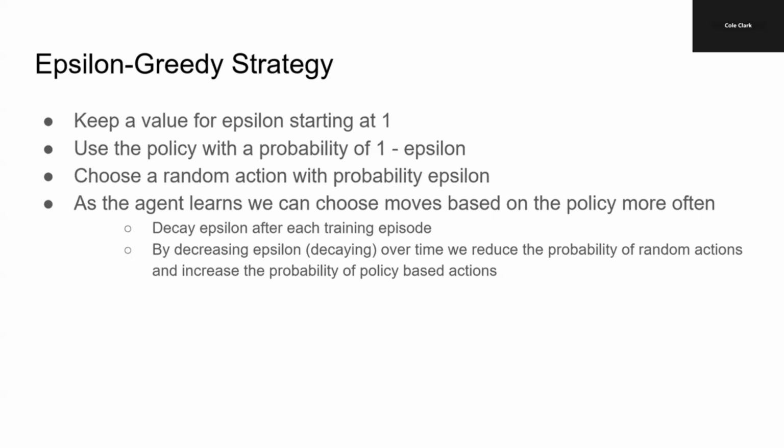As the agent learns, we will reduce or decay the epsilon value so that the agent chooses more moves using its policy and chooses fewer moves randomly over time. Epsilon can be decayed after each training episode is complete.